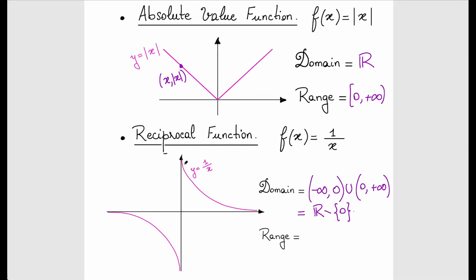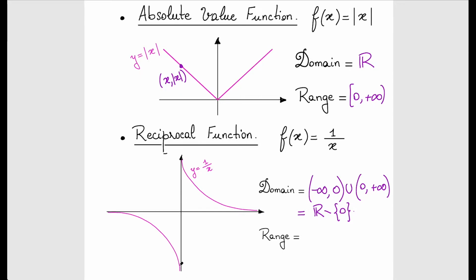This is how the graph looks. If you stand at 0 and look up and down, you should not see the function. This is interpreted by saying that the function gets closer and closer to the y-axis, but never reaches the y-axis.